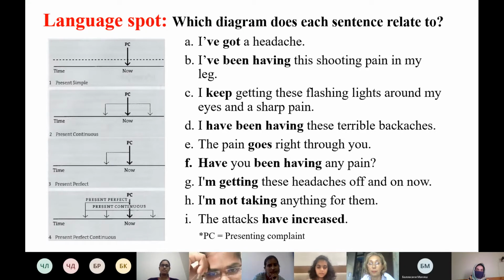Present perfect? Present perfect continuous? I kept, sorry, I keep getting these flashing lights around my eyes, so this is about the condition that the person has now. So this is present simple, and the form of the verb keep shows that this is present simple. Do you see? Yes, ma'am.